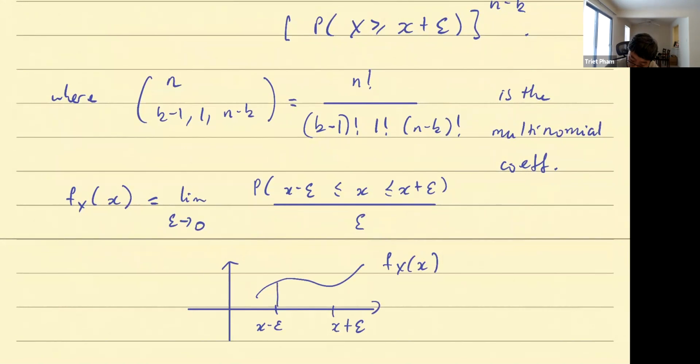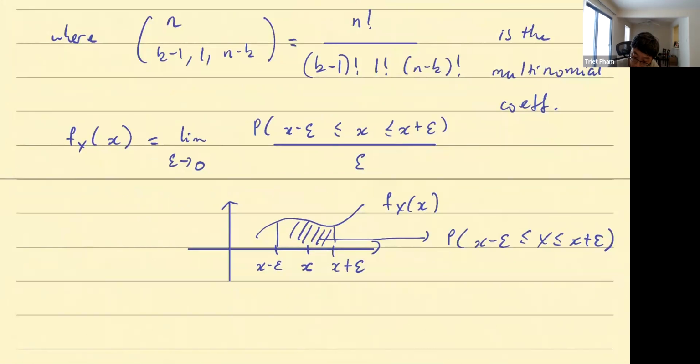So this area under the curve is exactly what you mean by the probability of x in between those values. This is x. Obviously, this area under the curve is approximately the value of the density at x times 2 epsilon.